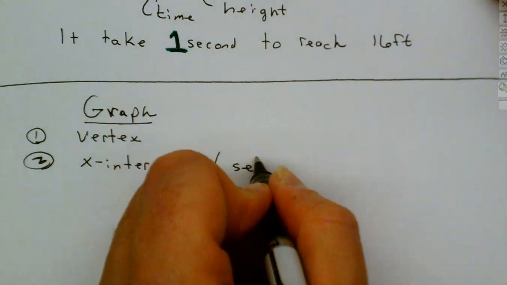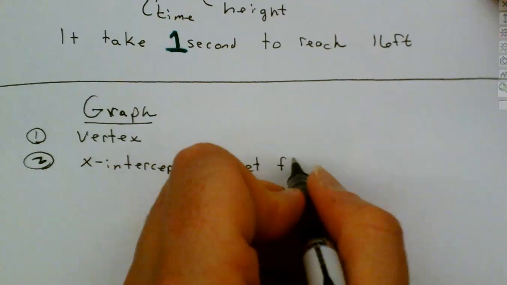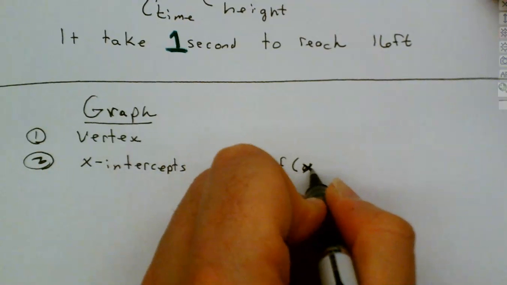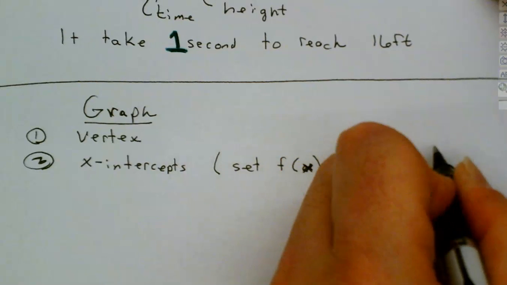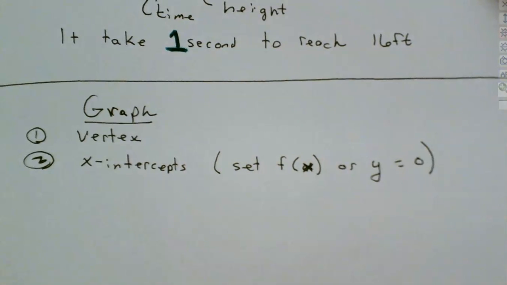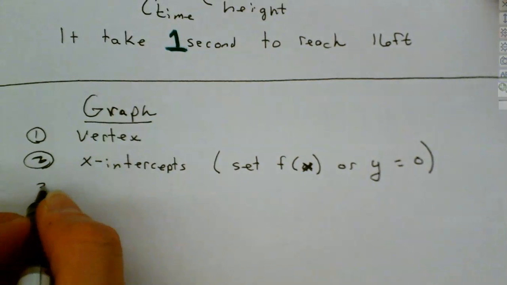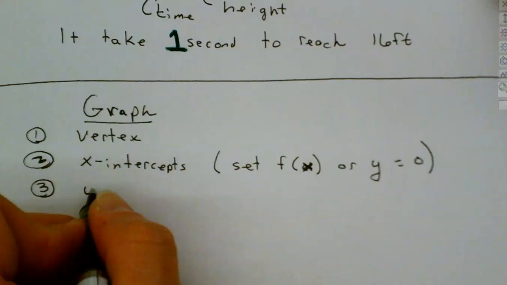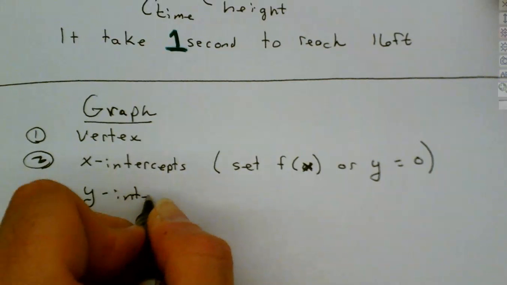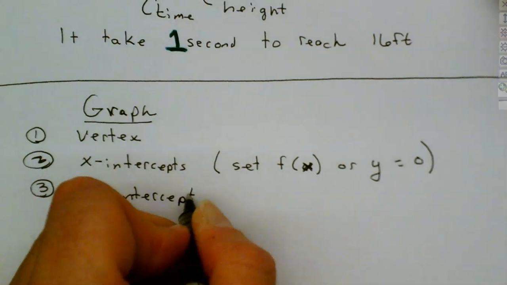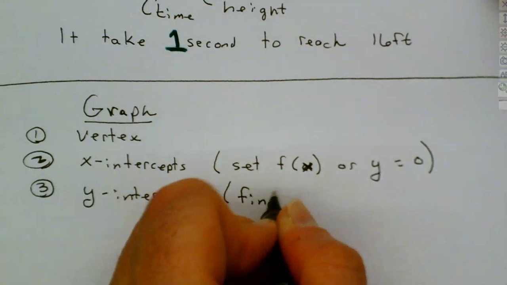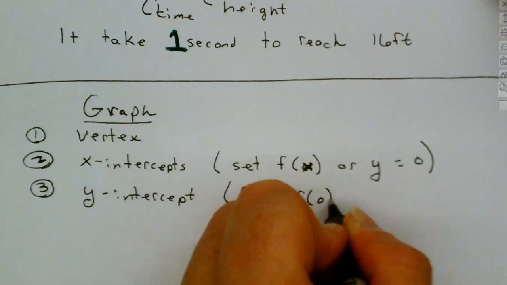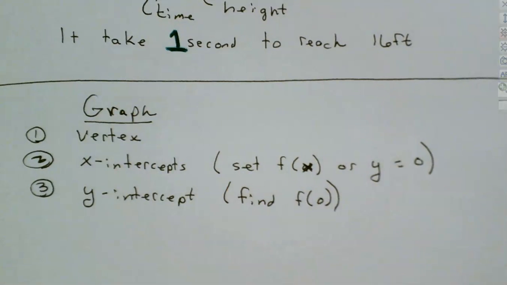Well, you set f of x or y equal to 0, depending upon which one you have, because it can be either f of x or it can be y. And then we also need to find our y-intercept. And how do we find our y-intercept? Well, we simply find f of 0. Okay, so that's what we need to do.